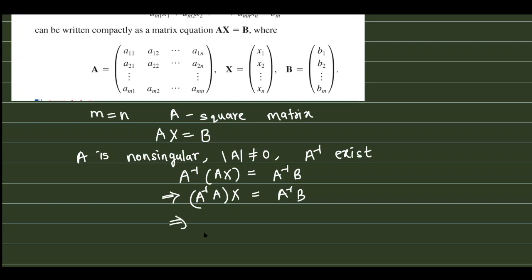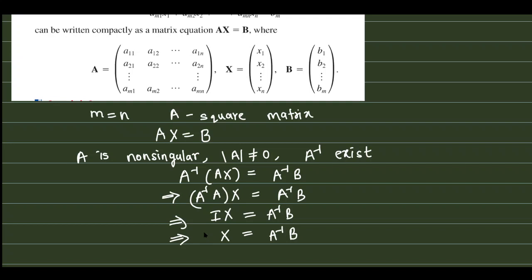Now this implies identity I, x is equal to A inverse b. Now we know that I into x will give you x itself. So x is equal to A inverse b.